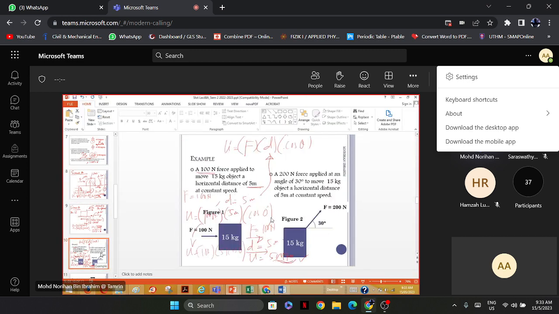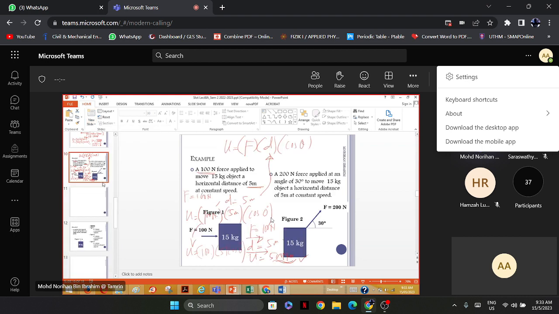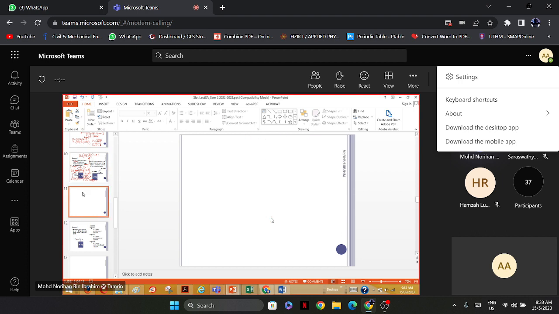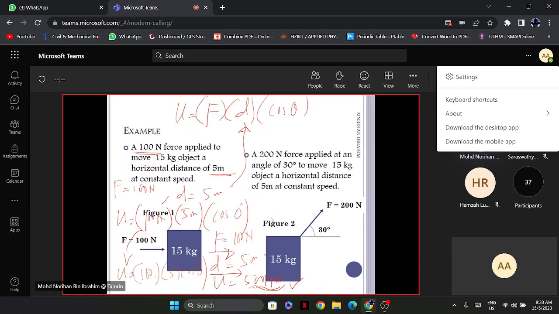Saya tambah surat. Okay, let's continue this second one. A 200 Newton force applied at an angle of 30 degrees to move 15 kilogram object a horizontal distance of 5 meters at constant speed. Okay.